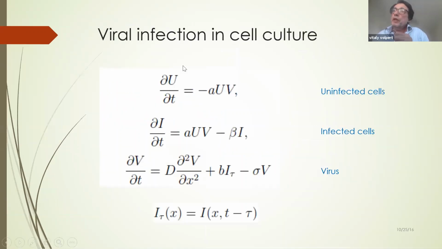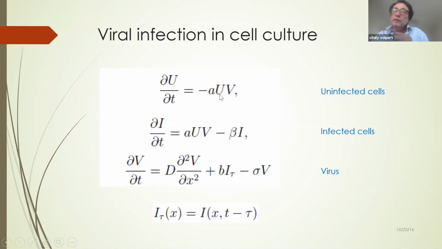So if you want to describe how virus develops in cell culture, we can consider this rather simple model of three equations. The first equation is for U, uninfected cells, V is virus, so virus infects these uninfected cells, this is why we have this minus UV.